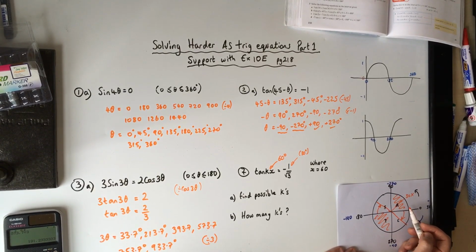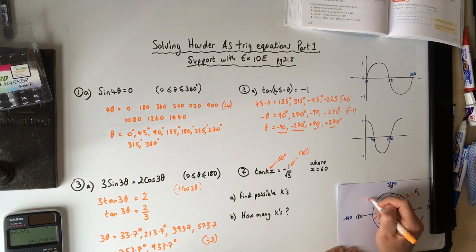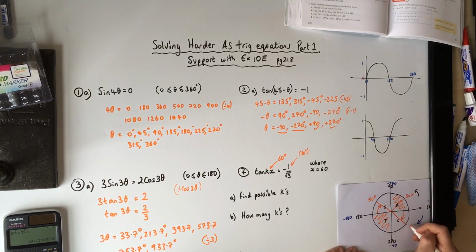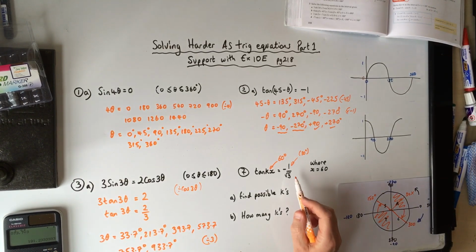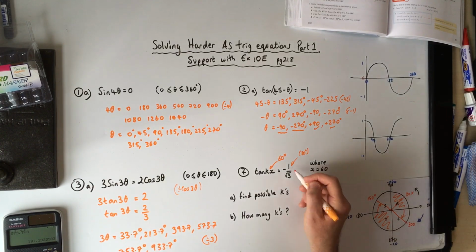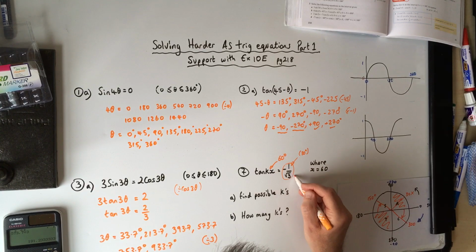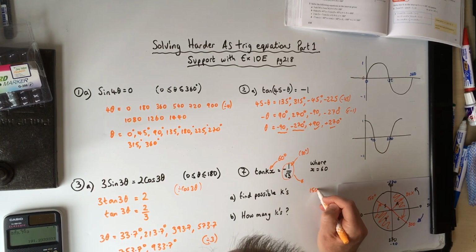Okay, so 30 degrees is the same angle as 150 degrees, is the same angle as 300 degrees. So when we inverse tan that, we get 150 degrees, don't we? The minus is going to give us 150 degrees.